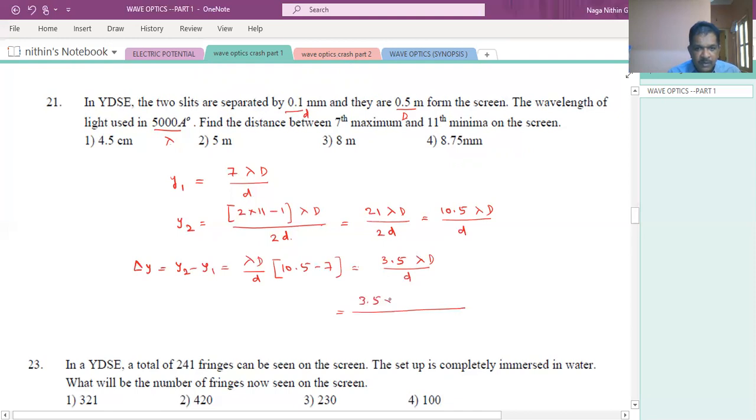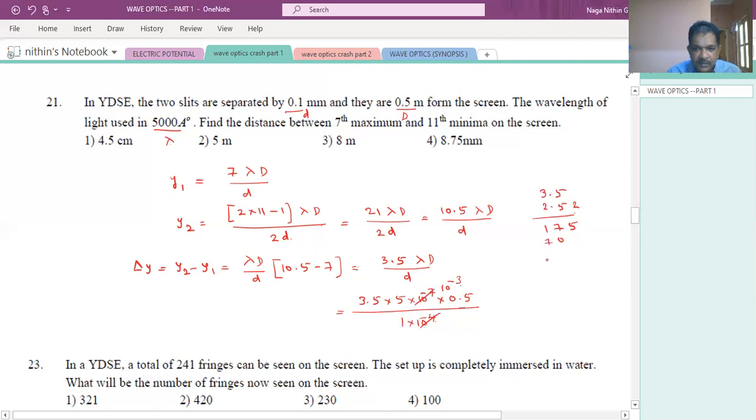3.5 lambda, with lambda value 5 into 10 power minus 7. Capital D value 0.5. Small d value 1 into 10 power minus 4. So this will be 10 power minus 3. So multiply this by 3.5, this will be 2.5. 5 5s are 25, 15, 17, 2 5s are 10, 7.